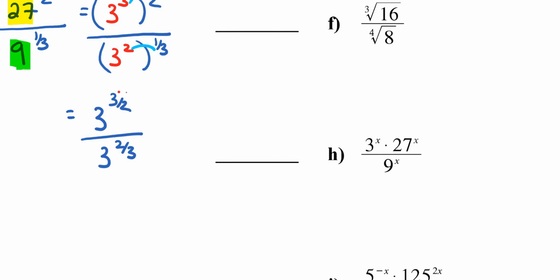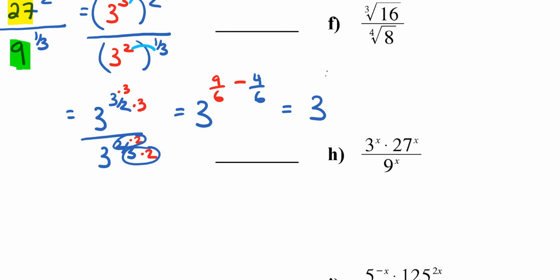So I can times this by 3, that by 3, that by 2, and that by 2. If I do that, I get 3 to the power of 9 over 6 minus, I guess I have, 4 over 6 at the bottom here. So 2 times 2 is 4, and 3 times 2 is 6. Perfect.